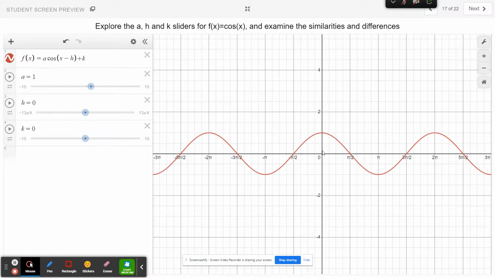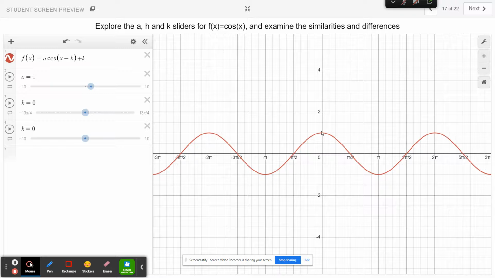Right? So now the cycle here from 0 to 2 pi, the output is 1 instead of 0, but we still have those five key points. In this one, we have 2 maxes, 1 min, and 2 midlines. It still adds up to 5. 1, 2, 3, 4, 5. Okay, so each cycle shows 5 key features.